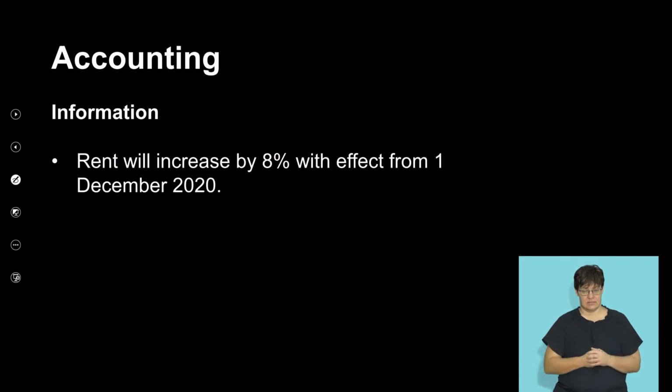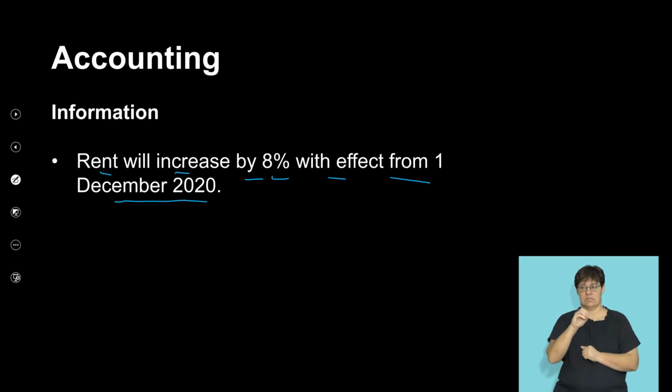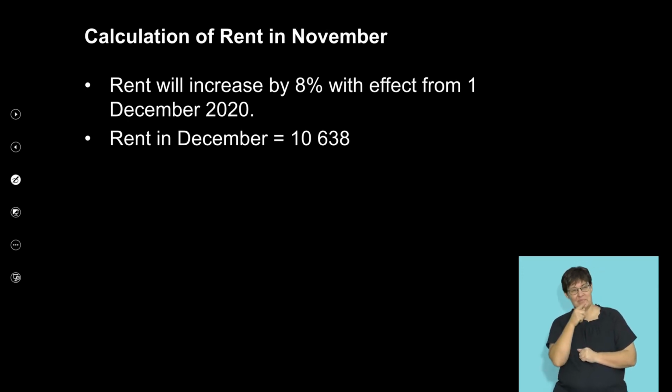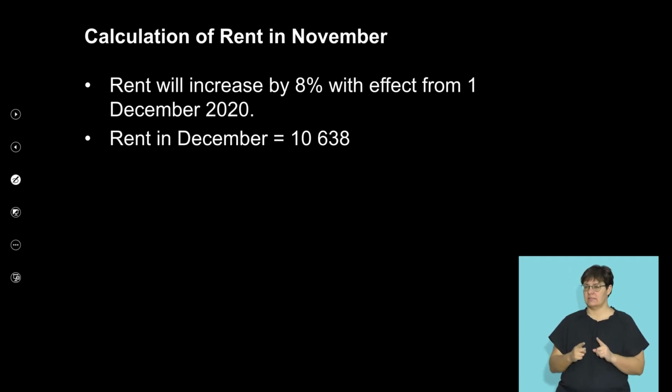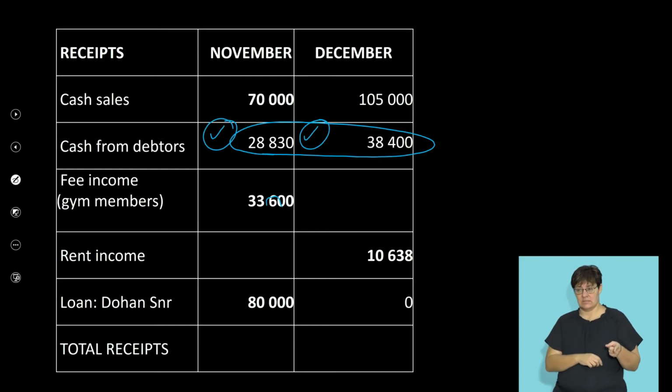Coming to the rental, we are told that we expect our rent will increase by 8% with effect from the 1st of December 2020. Right. Now, if that is what our expectation is, let's look at our rental figure, because we need this figure here as our missing figure.